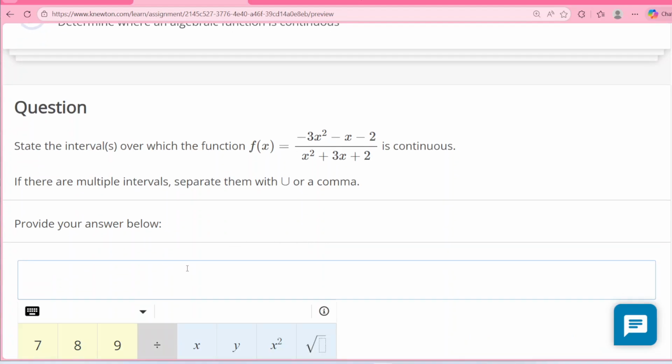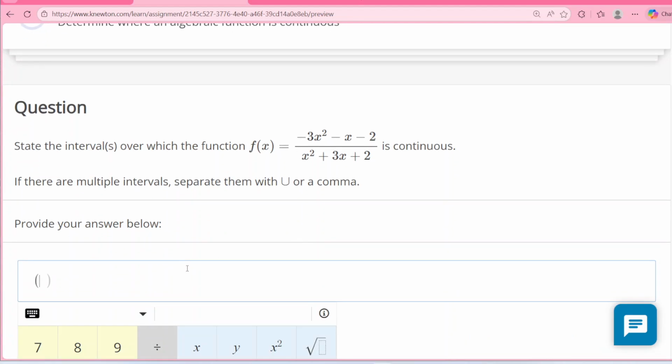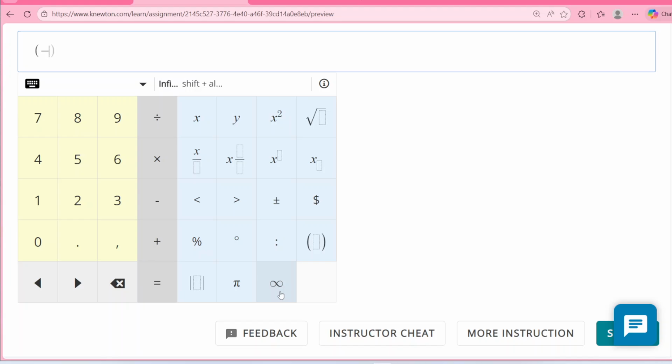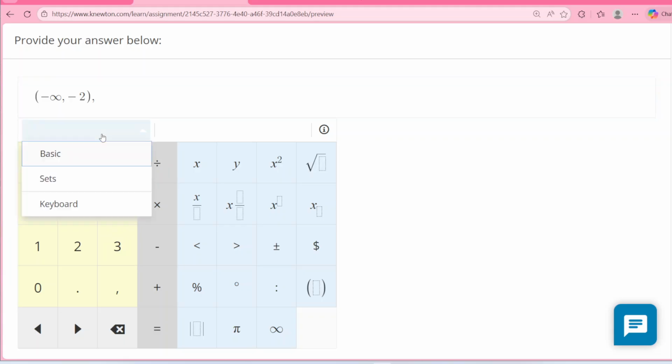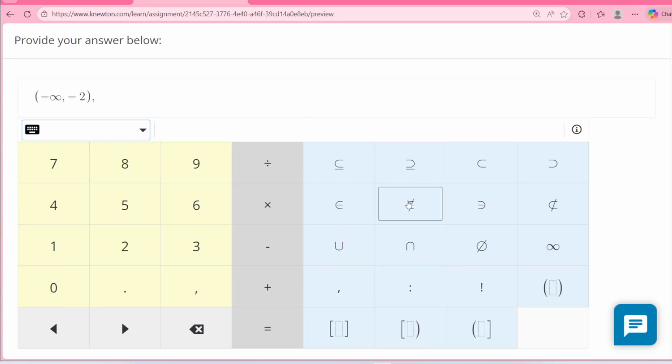So here, entering interval notation, negative infinity, that's here in the menu, negative infinity up to -2, but not at -2. Now let's do a comma. It says separate with a union symbol or a comma. I don't see the union symbol here. If you want to find the union symbol, though, it's in sets. There's union, but I already put the comma.